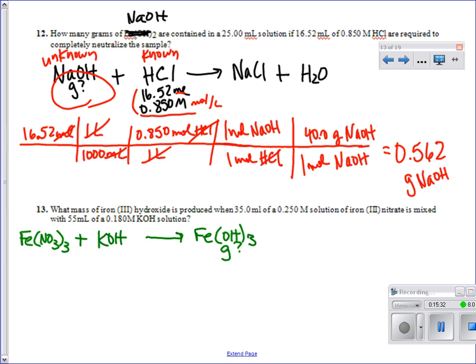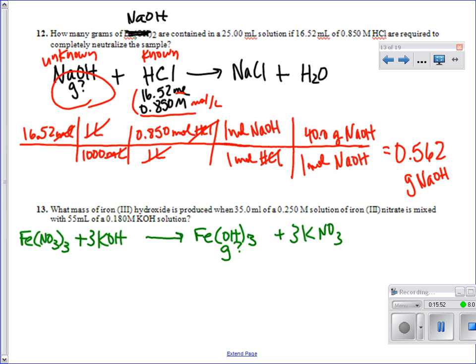So those are my 2 reactants. What would my other product be? Because I've got to balance this equation. Potassium nitrate. I need 3 nitrates, which means I need 3 potassiums, and that takes care of my hydroxides.